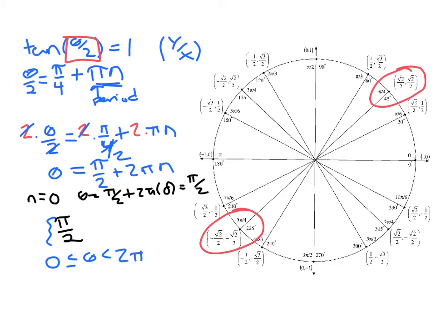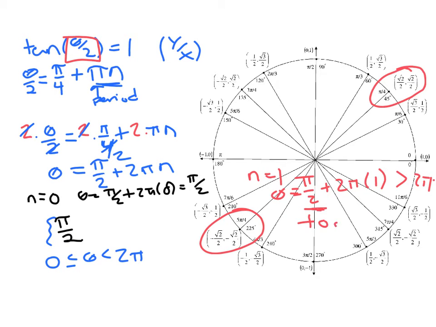Now notice, if we let n equal 1, and I'm sorry, I'm going to write on the unit circle again, then theta equals, using this formula right here, pi over 2 plus 2 pi times 1. But that's definitely bigger than 2 pi, because you're taking 2 pi and adding something positive to it.